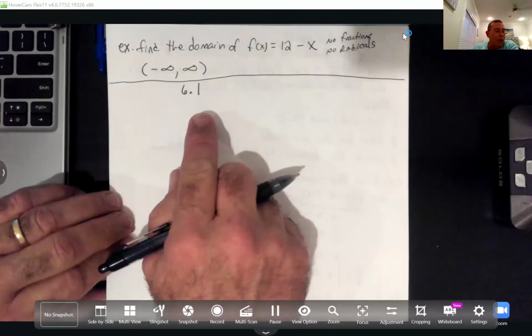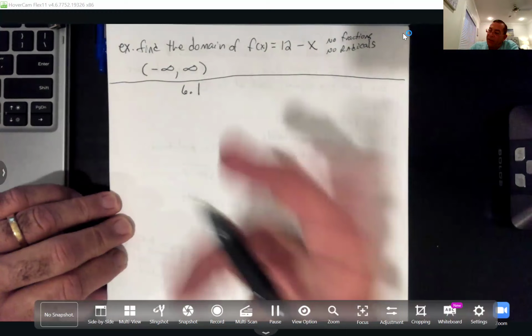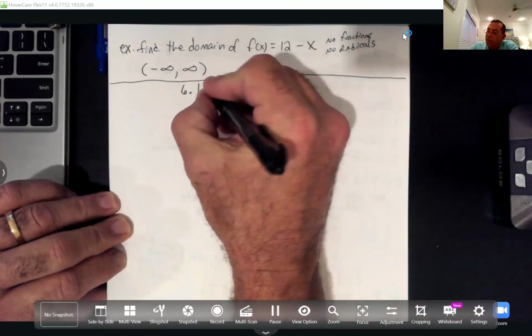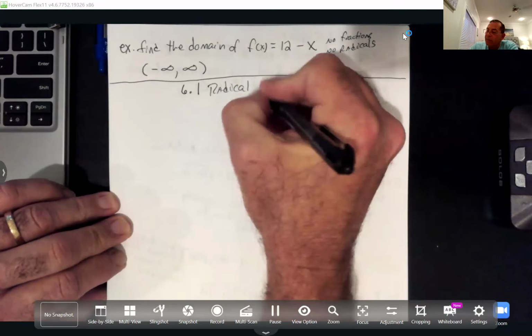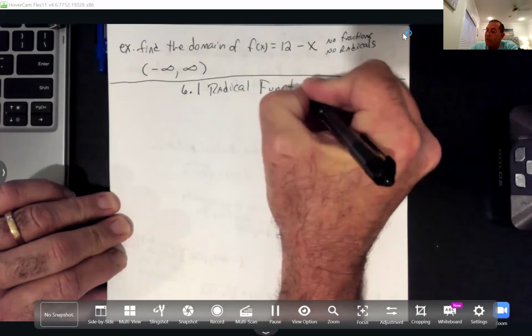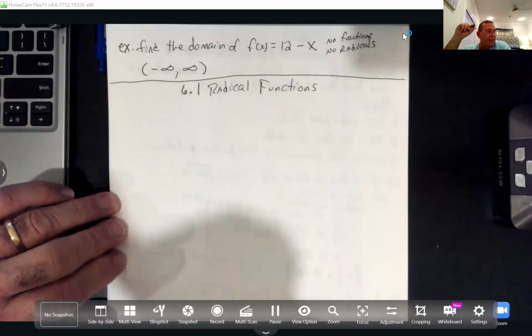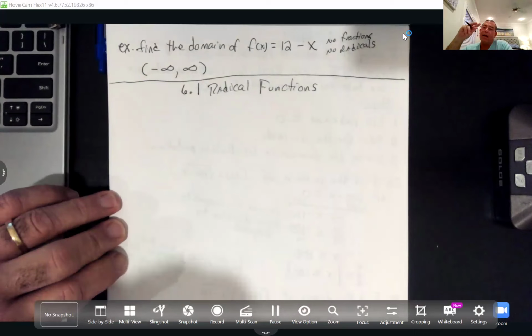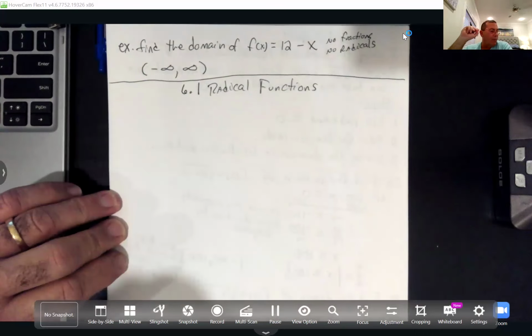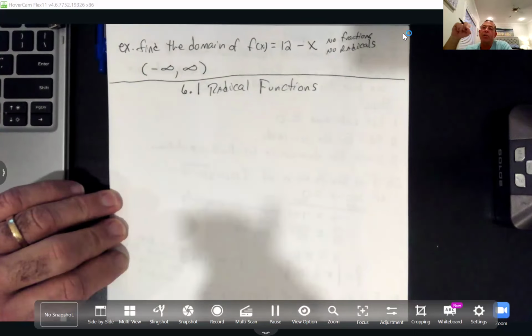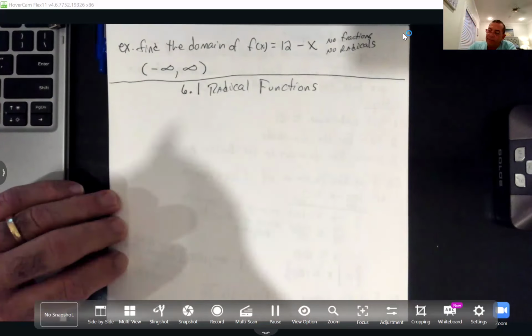So y'all, let's get started into college algebra. And this 6.1 is radical functions. Now, all we're going to be doing in this section is finding one domain problem, and then the rest of them are choosing which graph is correct.